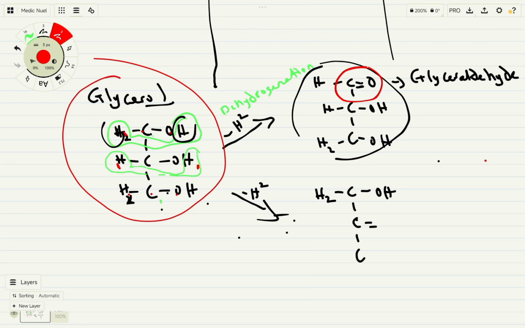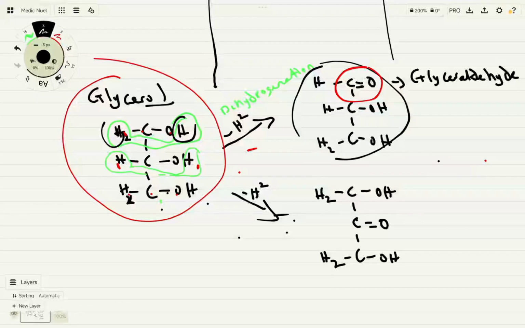We have to remove the 2. We don't have any choice. Here we remove 1 here, we remove 1 here, but we still have 1 left. But here we remove 1 here, we remove 1 here, but we don't have anything left since it's at the middle. So we are going to have only oxygen here. We remove the 2 hydrogen, then we are going to have OH here, and we are going to have H2 here.